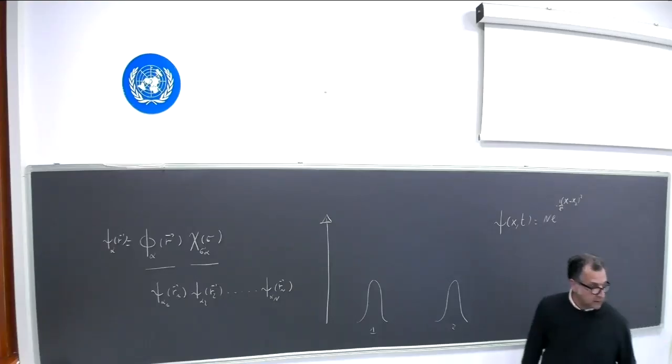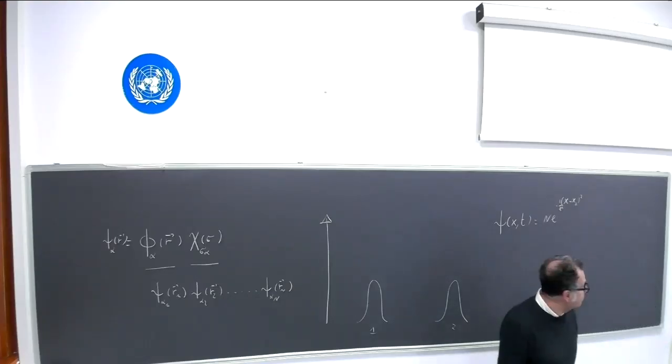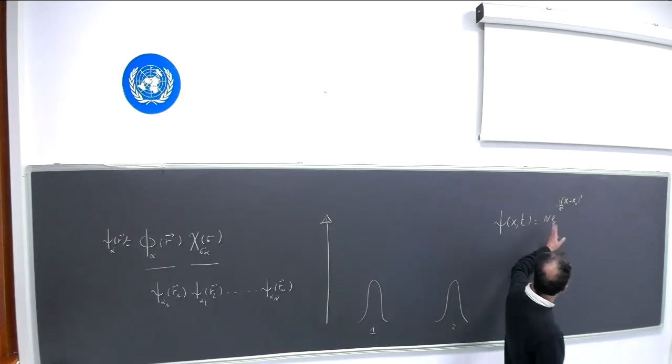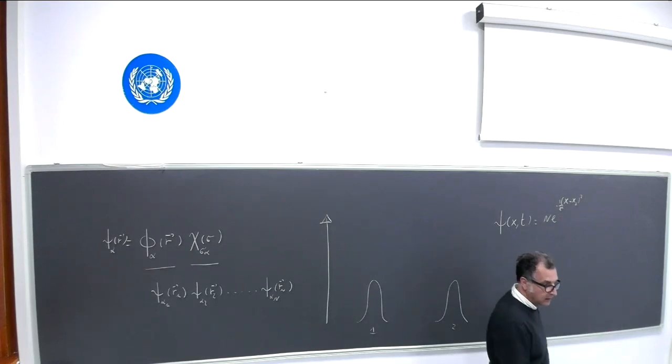So you just prepare, just confine. This N should be to normalize, and this L just gives you the width. So if you have an initial state like this, how does the wave function change in time?